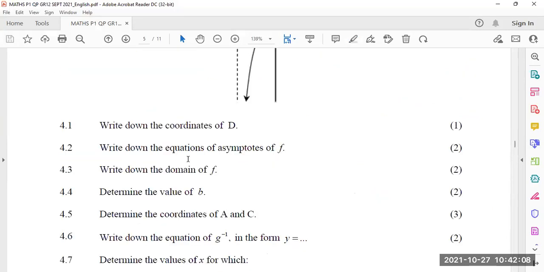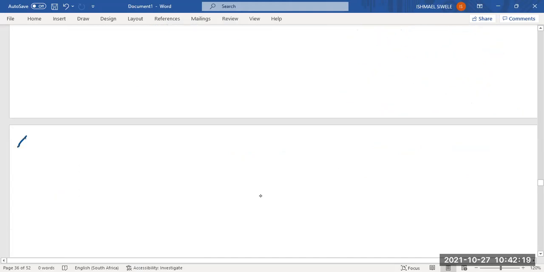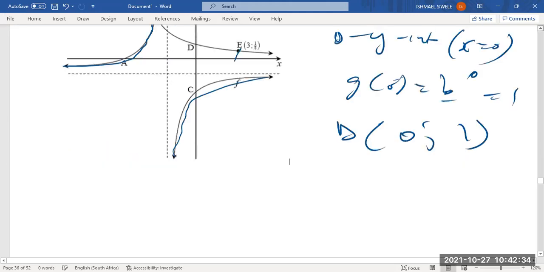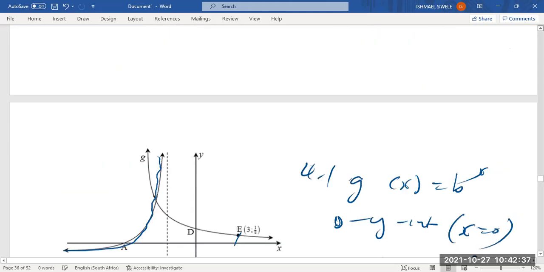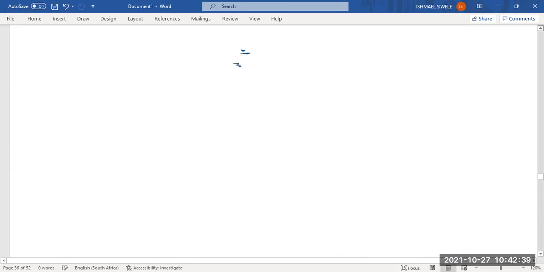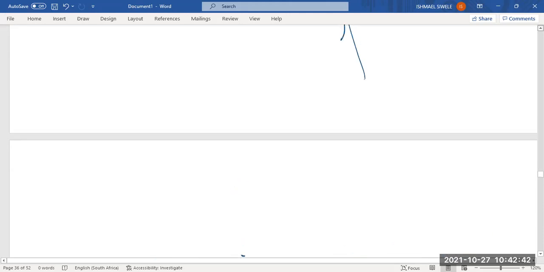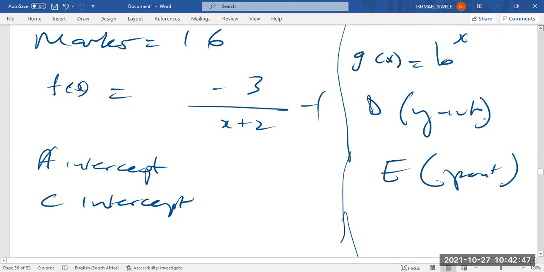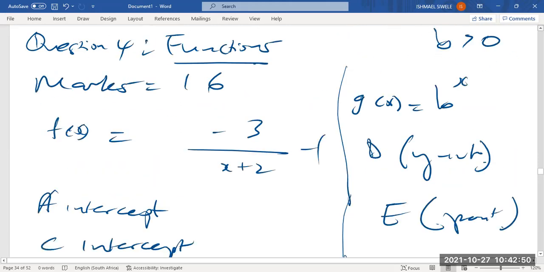Write down the equation of the asymptote of f. This is a very straightforward thing, question 4.2. We have seen that f of x is equal to negative 3 over x plus 2 minus 1.